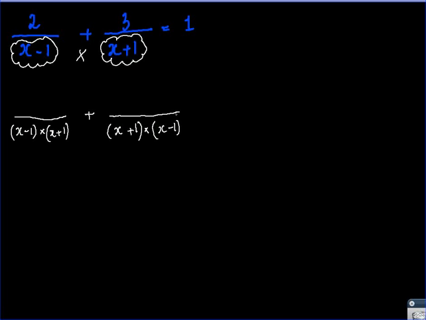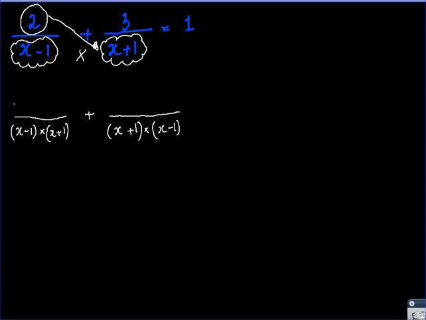Now, for the numerator, you need to cross multiply. What I mean by cross multiplying is very simple. If you look at the 2 here, you multiply this 2 with the opposite denominator, which in our case is x plus 1. This is called cross multiplying.